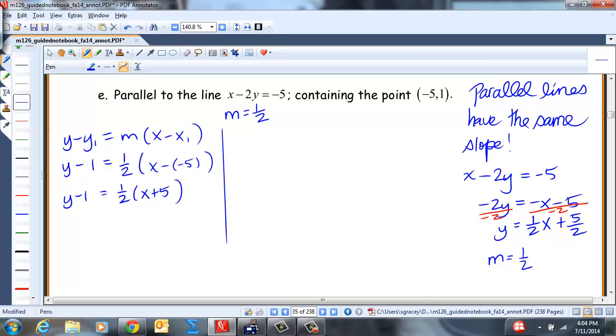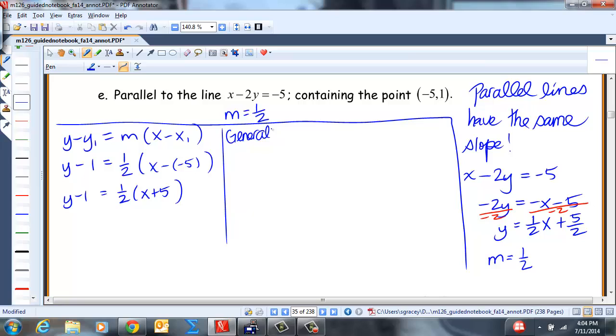So now the general form. We have y minus 1 is 1/2 times x plus 5. If we multiply both sides by 2, the 2 and the 1/2 will become 1, and on the left we'll have 2y minus 2.